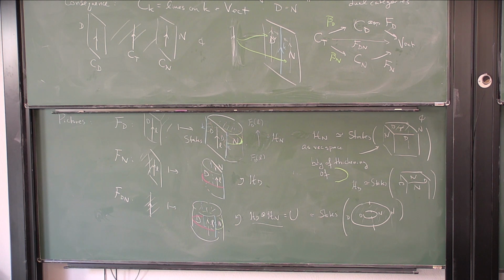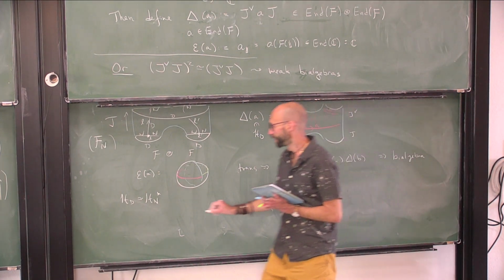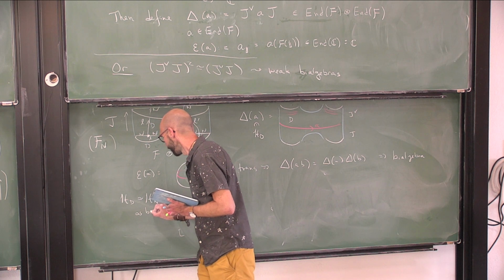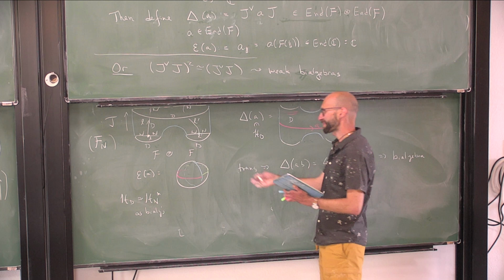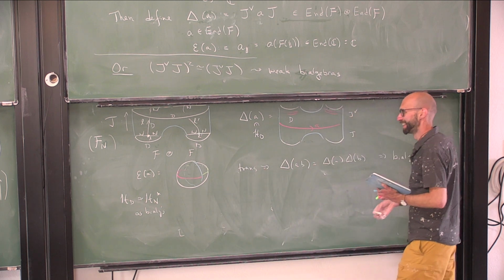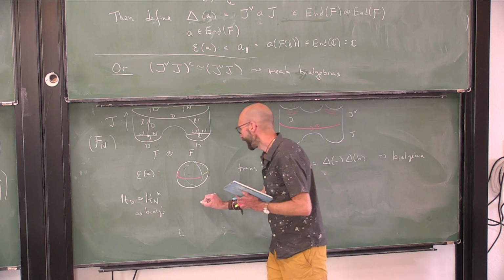HD and HN are dual, but they're actual dual as bialgebras. You can spell that out in topology to your heart's desire, and it's quite fun.